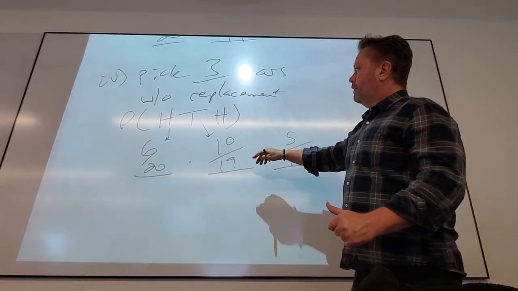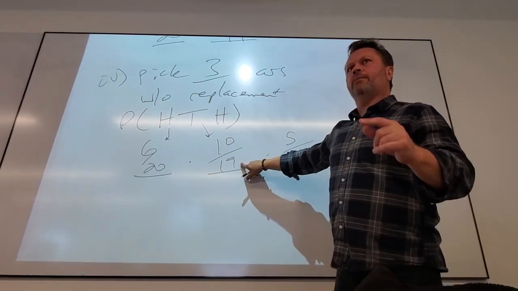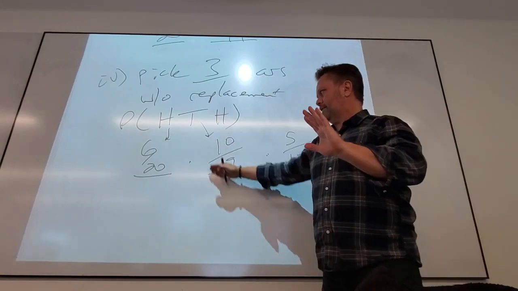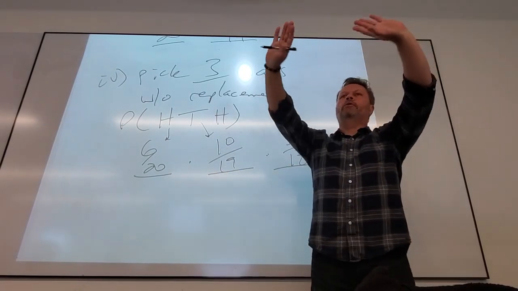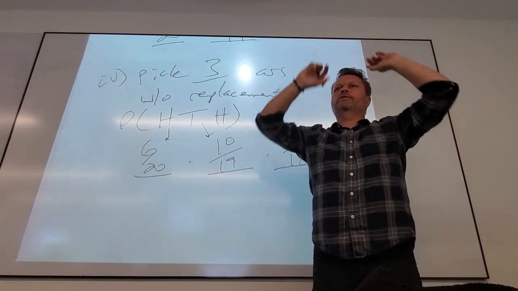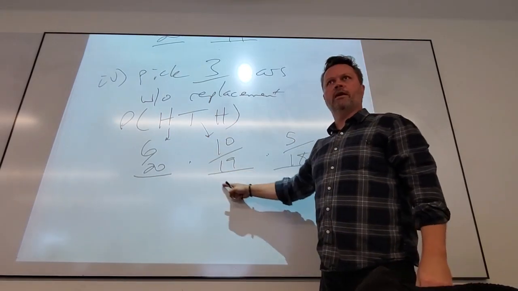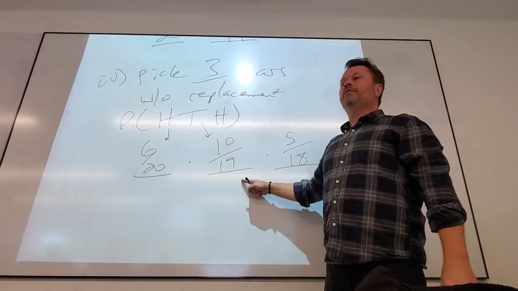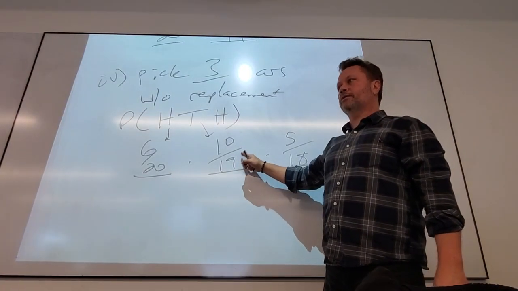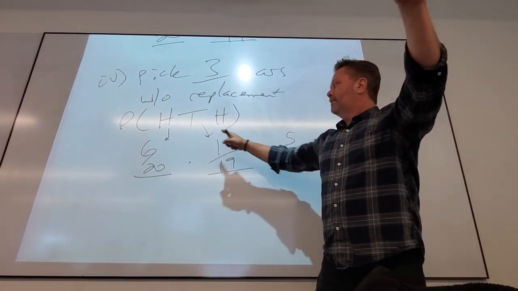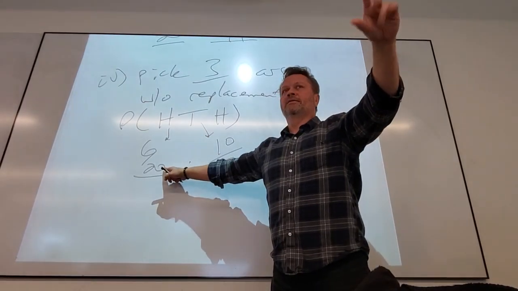So real quick, is this the probability I pick a Toyota? Go back: what was the probability that we pick a Toyota, the very first thing we did? 10 out of 20. So is this the probability I pick a Toyota? No. This is the probability I pick a Toyota, given that I already picked a Honda.